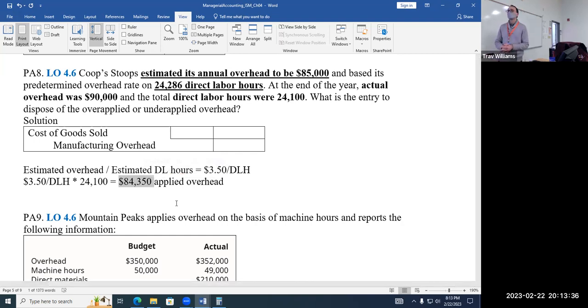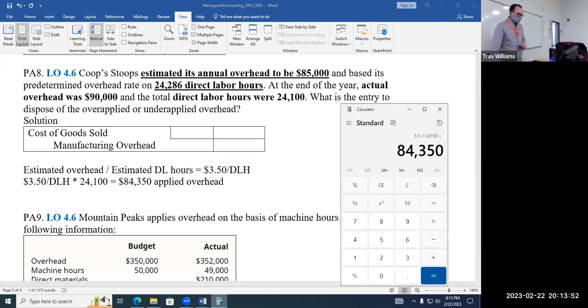So which is it? We under applied, right? Because the amount we applied was less than the actual. In fact, the difference is $90,000 of actual overhead minus what we applied, a difference of 5,650.